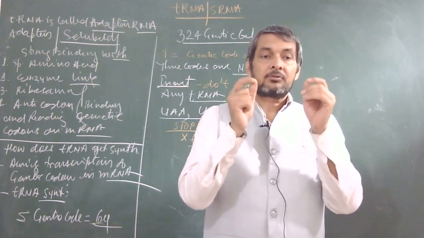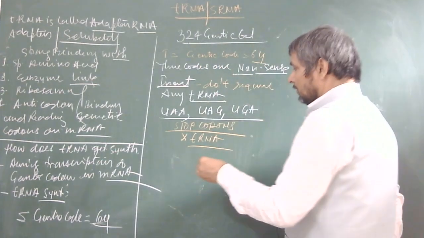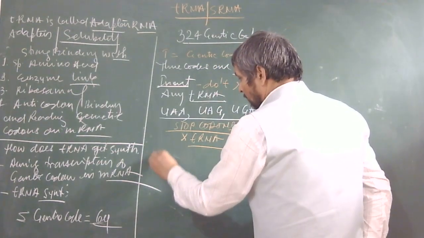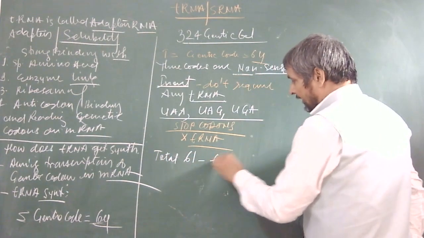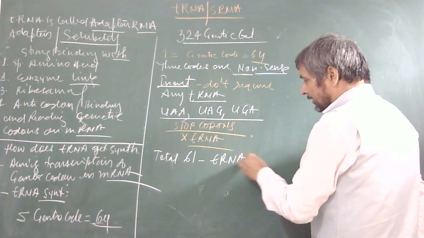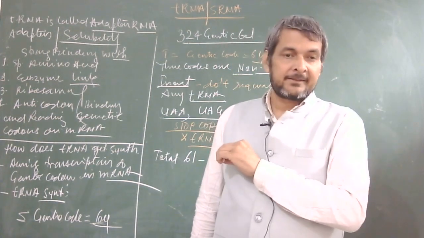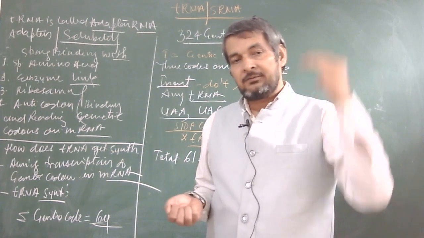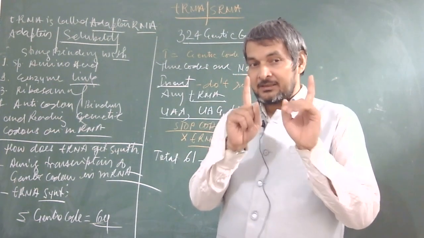So there are 61 transfer RNA molecules. Total 61 transfer RNAs get synthesized in the nucleus simultaneously with the transcriptional process. So remember this thing, remember.